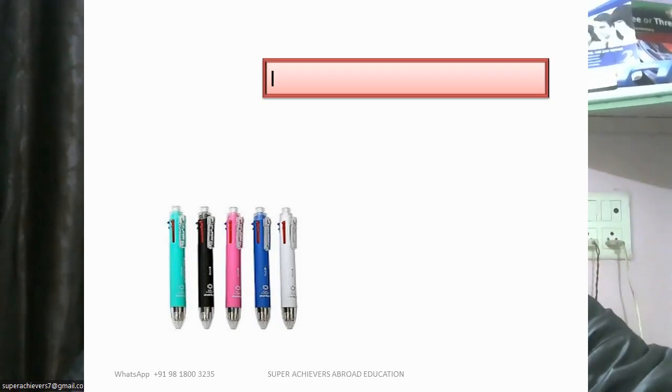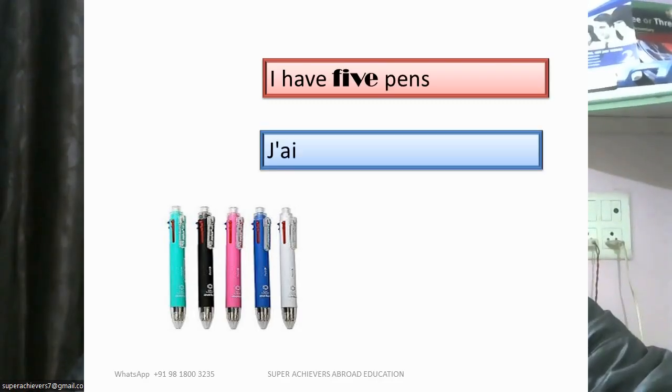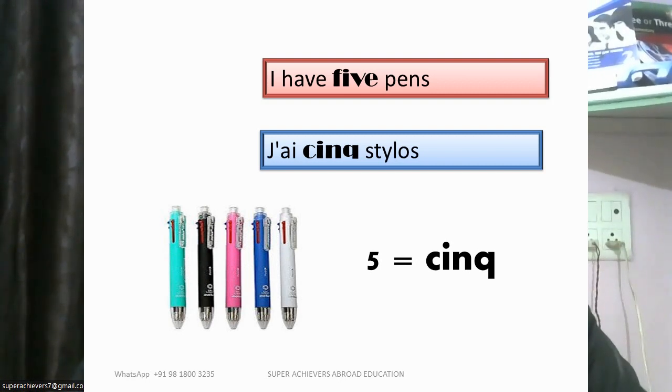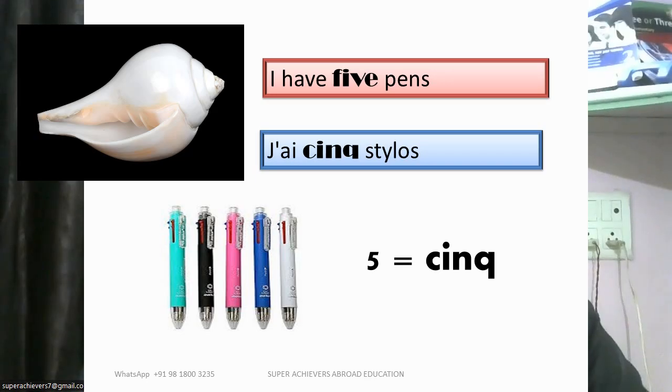Okay, another number is five. Let us take an example of pens, writing pens. I have five pens. In English we say five, in French cinq, like the shank, the instrument we use in prayers.